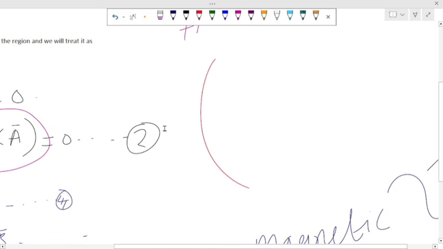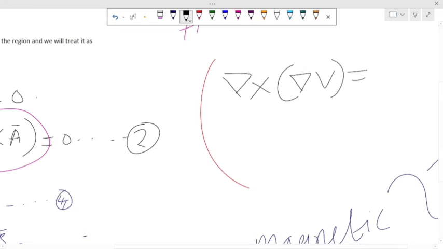So this is just one of the potential functions. Another of the potential functions is what makes equation 3. And it says, using a vector identity, the curl of the gradient of a scalar field is equal to 0. A scalar field, only magnitude, no direction.